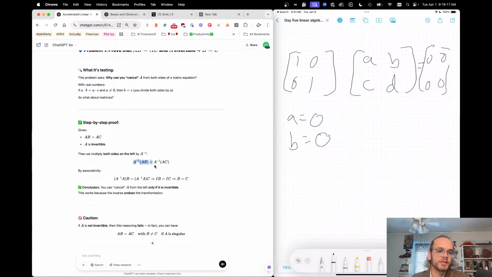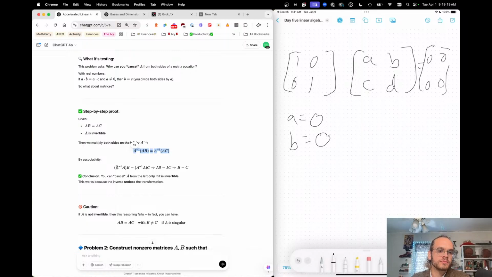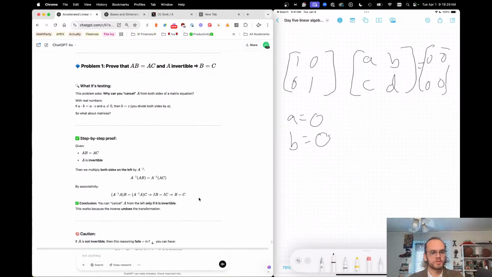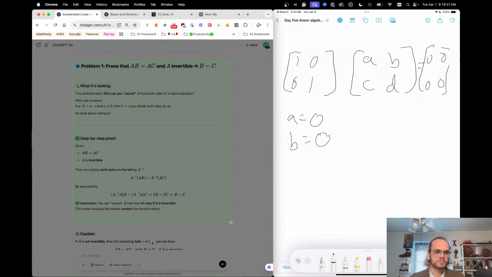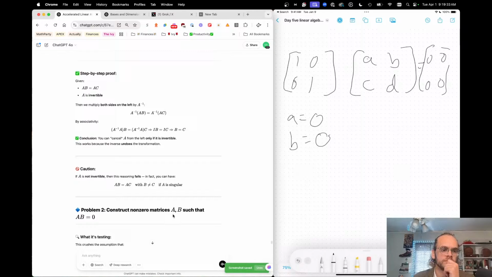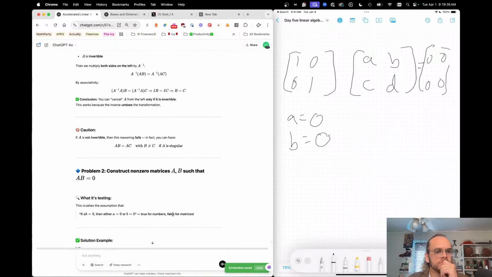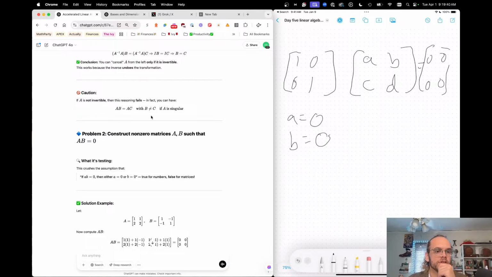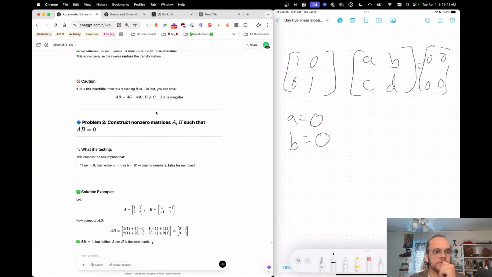You multiply both by the inverse. Ah, the associative property. Yeah, okay, that makes sense. It's worth screenshotting. If A is not invertible, it doesn't work because you can't do that step.